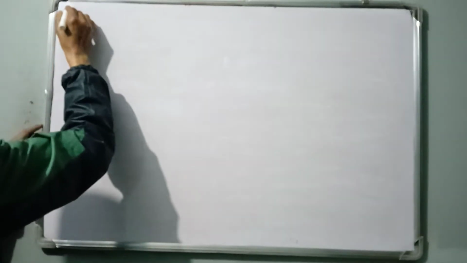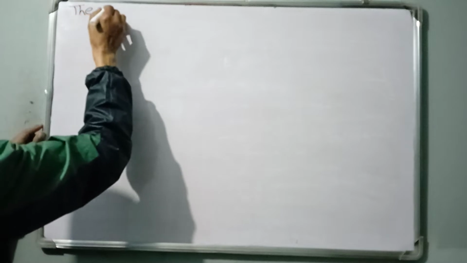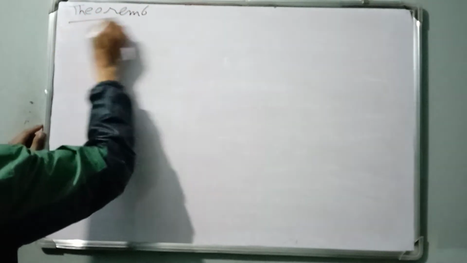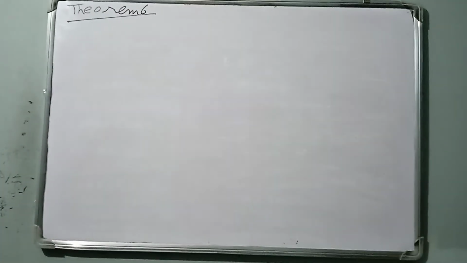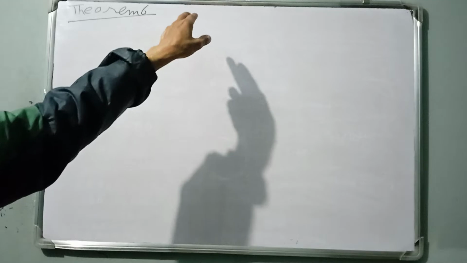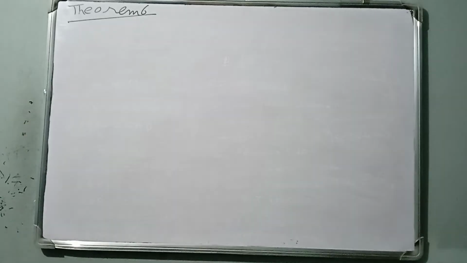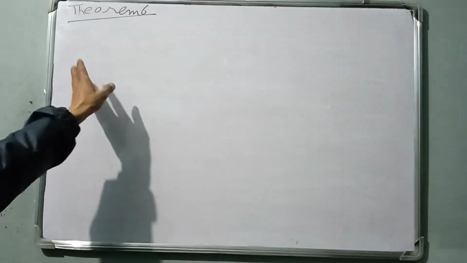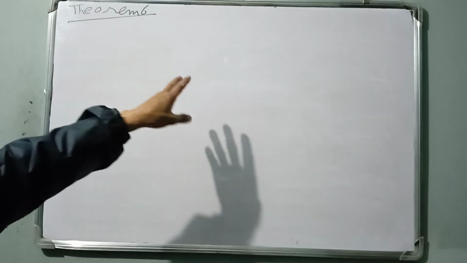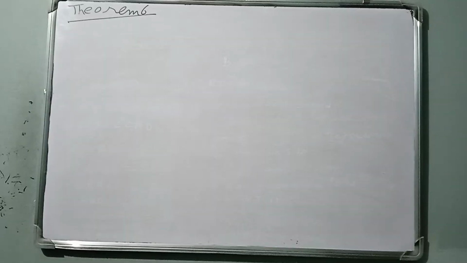And theorem 6. You can make other theorems as well. If two sides are equal and one median is drawn, that median is perpendicular. Another: if one line is drawn perpendicular to the base, it bisects the base.